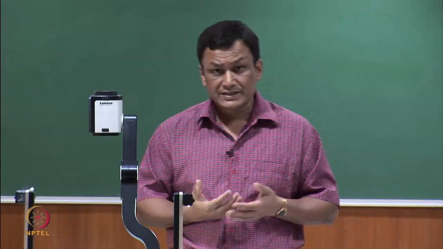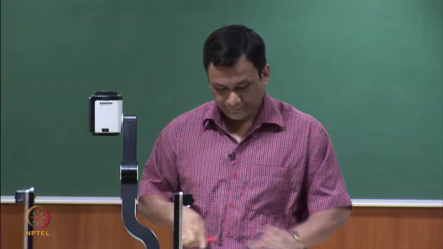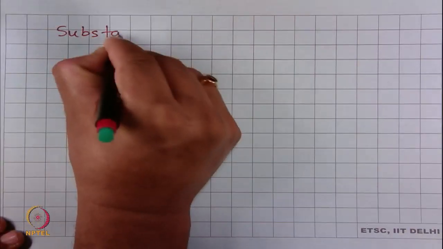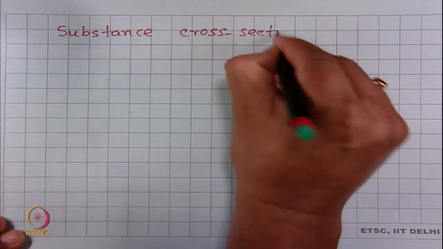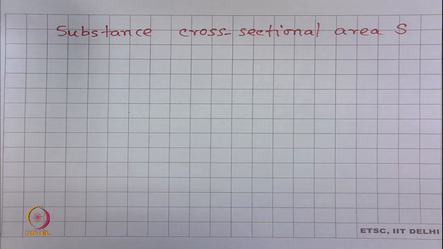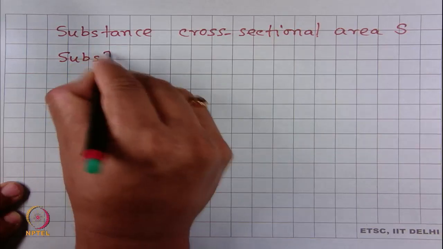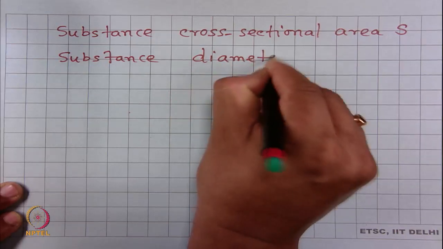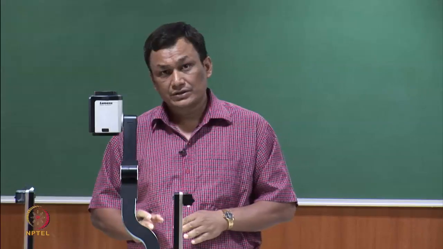If we summarize, we talked about substance cross sectional area, capital S, in the last class. Then we talked about substance diameter of yarn. We defined it in the last class and also we continued in today's class.